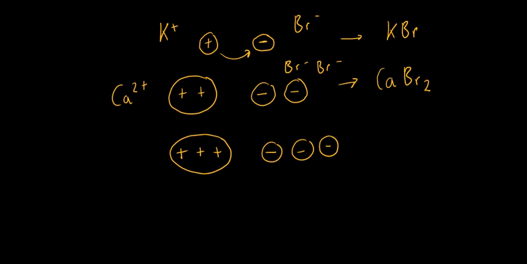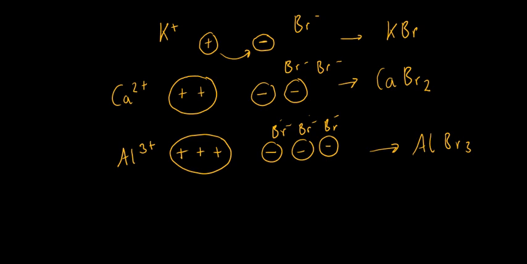And then finally, if I had aluminium, which is 3 plus, see if you can write down the formula for what aluminium bromide would be. Okay, so hopefully you've gone Al with 1, 2, 3 bromine atoms or ions, AlBr3, and that's how I would label it.